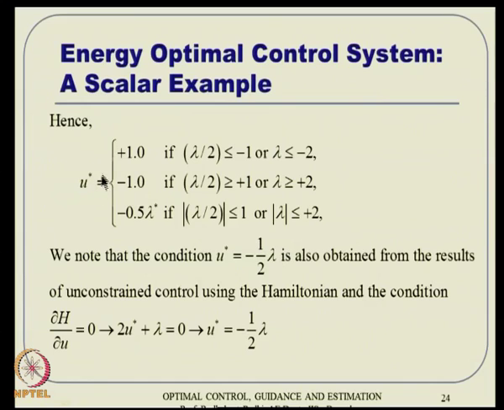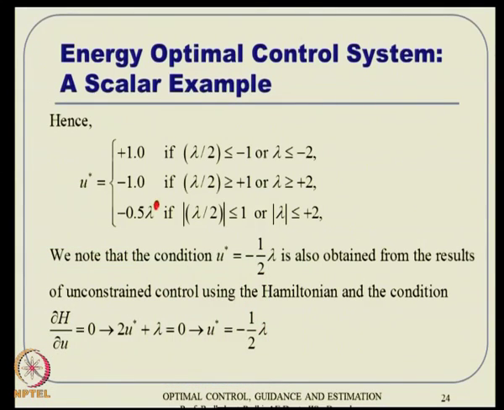So, U star happens to be plus 1, okay, if lambda by 2 is less than minus 1. Okay. It happens to be minus 1 if lambda by 2 is greater than plus 1, or it happens to be just negative of that value, minus lambda by 2, if this is within the bound actually. Okay. Alright.